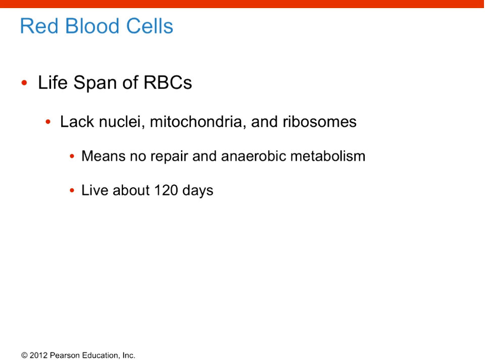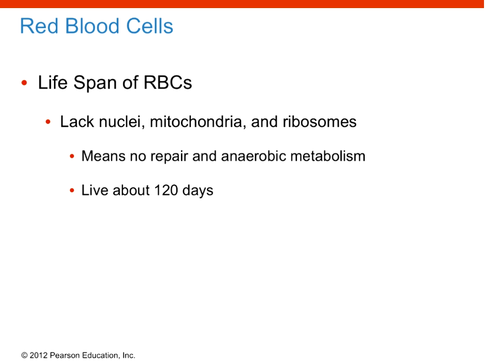So they lack nuclei, which would give instructions for making new red blood cells, like a cell just dividing and making another one. They don't have mitochondria, so they don't have anything to maintain an energy source or continue to make energy, and I'll tell you why they don't have mitochondria in a second. And they don't have any ribosomes. These ribosomes are responsible for making proteins, for protein synthesis, which is an energetically expensive activity.